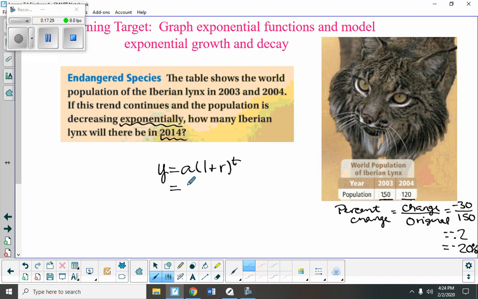So in 2003, there were 150. And then we went down 20%, so down 0.20. And the amount of time is from 2003 to 2014. So if you subtract that, you get 11 years. And now let's calculate that. And you get about 12.9. So right around 13 would be all that would be left.